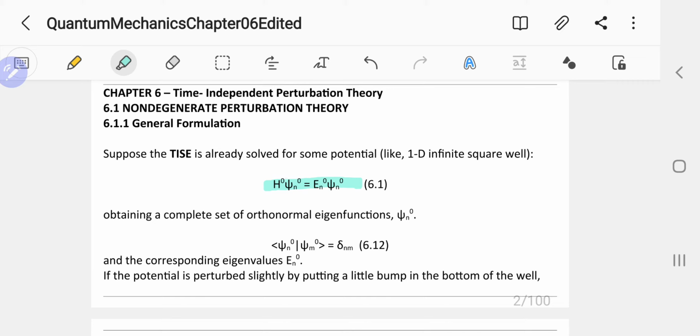And we have also solved for the complete set of orthogonal eigenfunctions. So when you take the inner product of two wave functions, it just gives you the Kronecker delta.